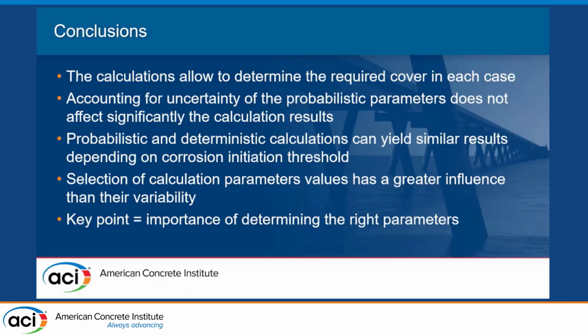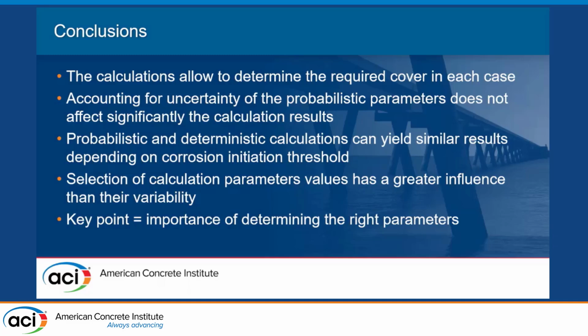We can have similar results with probabilistic and deterministic calculations, depending on the corrosion initiation threshold we select. These are based on experience, on the conditions, and there are a lot of things that can influence the corrosion initiation threshold, but I think we can end up with similar results if we select the right values.